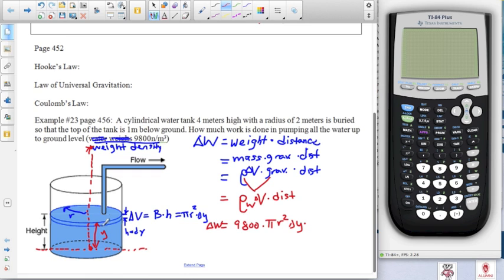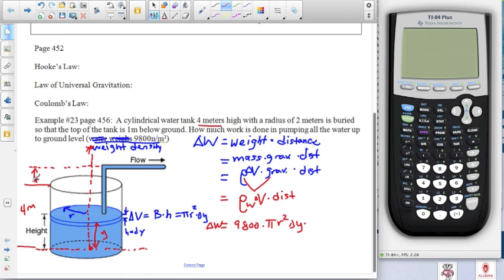But what we're doing really is we're taking this disk and lifting it up to here. And if we look at the details of this problem, we have a 4-meter high tank. So the whole tank is 4 meters high. And the tank is buried 1 meter below the surface.